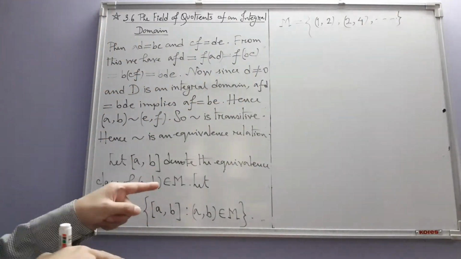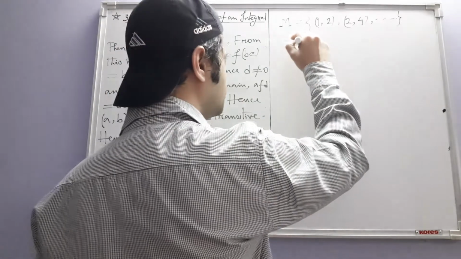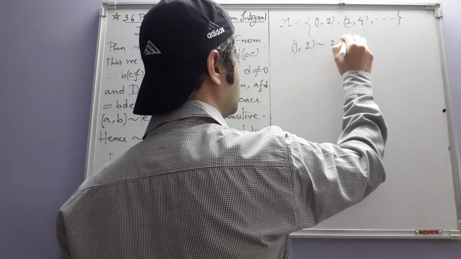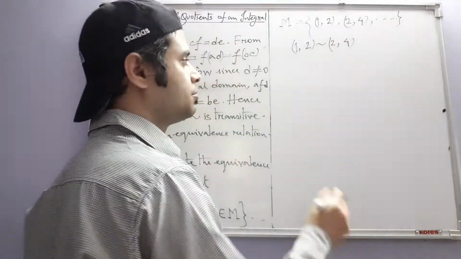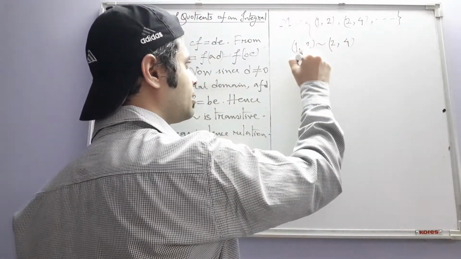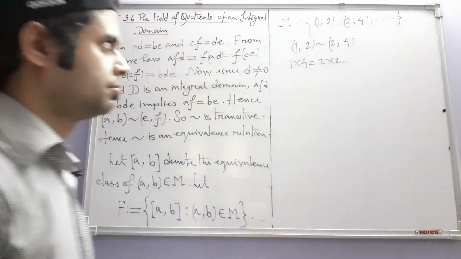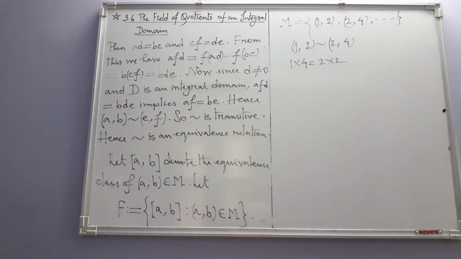According to our definition of equivalence relation, these two things are related. Why? Because 1 times 4 is equal to 2 times 2. So they are considered to be the same thing, or they are considered inside one equivalence class.